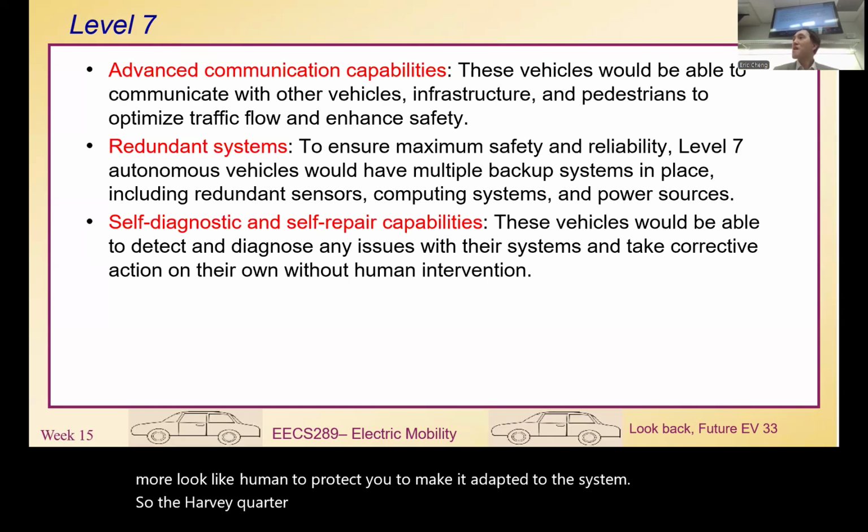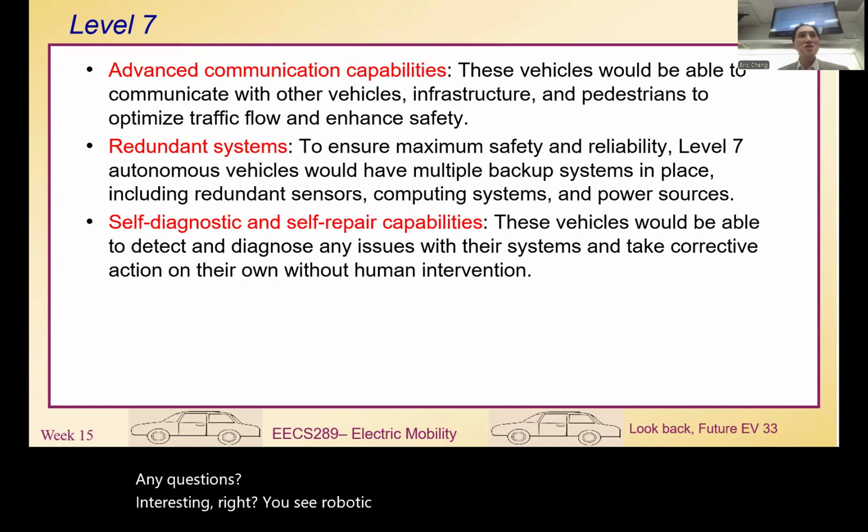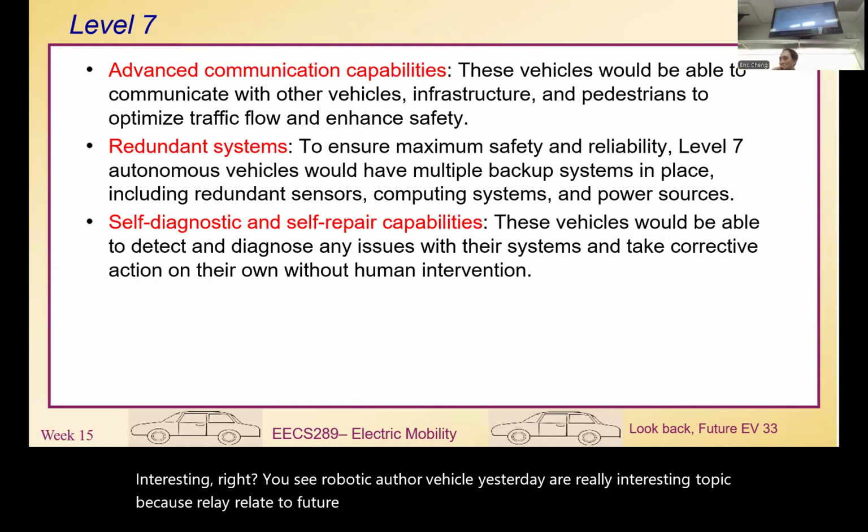All right. Any questions? Interesting, right? Robotics, autonomous vehicles, and electric vehicles are really interesting topics because they relate to the future. For the last 20 years, we've been working on electric vehicles.